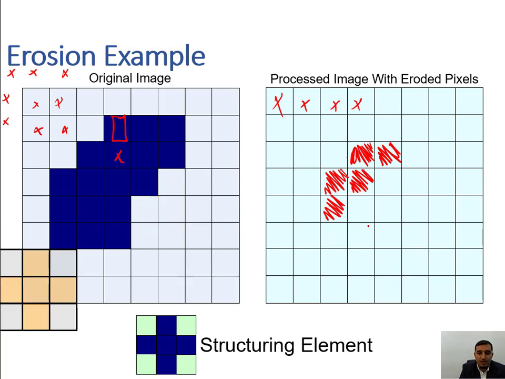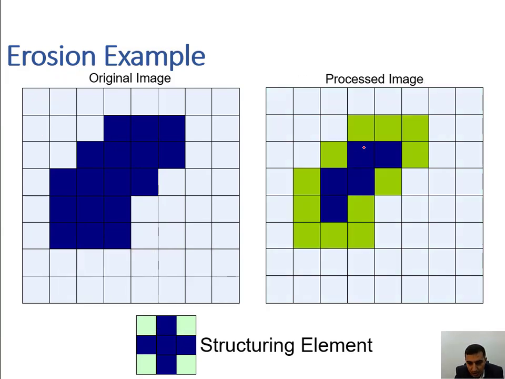So we end up with this structural element, as you will see in the next slide. So this is our structural element, which is in the blue, and these green parts are the removed part of this image. Okay, so this is the eroded element.